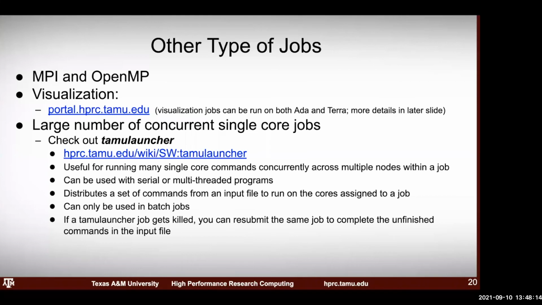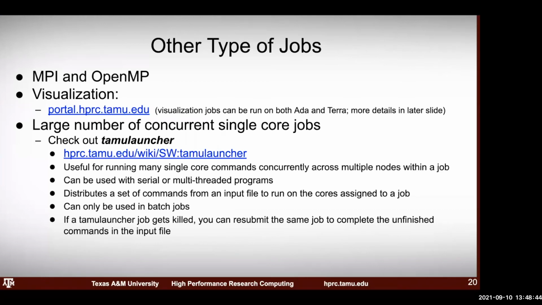As you start running larger and larger jobs and you want to run them in parallel to really benefit from large amounts of cores, as in more than one node's worth of cores, you're going to start using MPI and OpenMP. The program that you write will have to be written in such a way that it could benefit from parallelization using MPI or OpenMP.